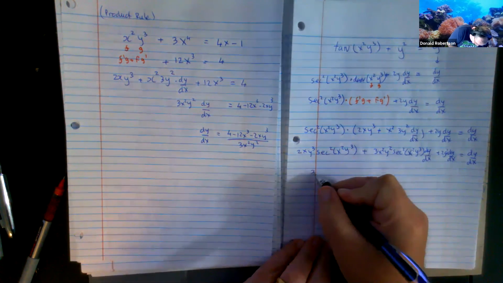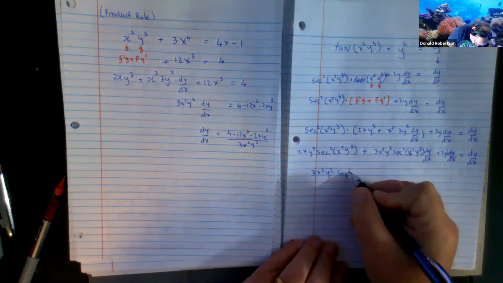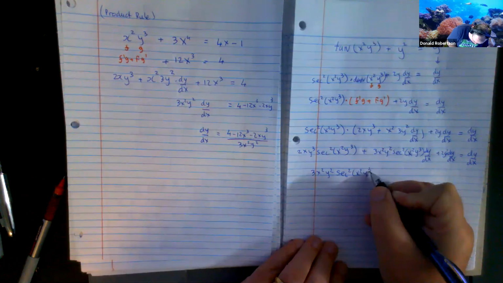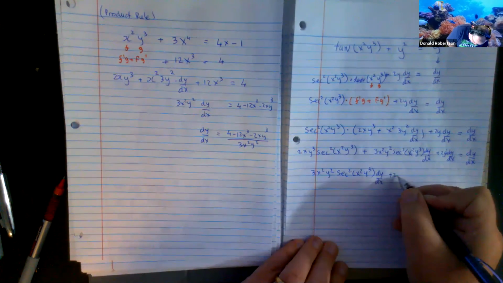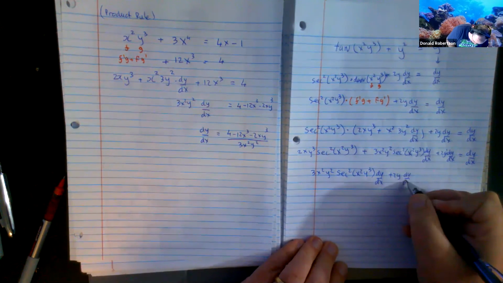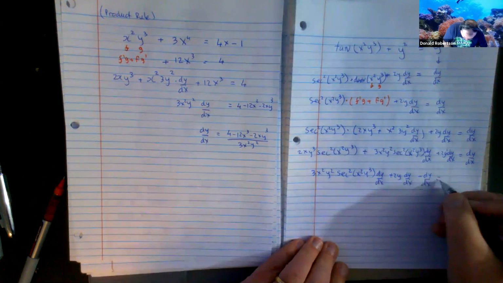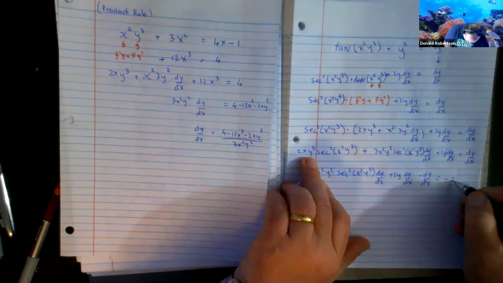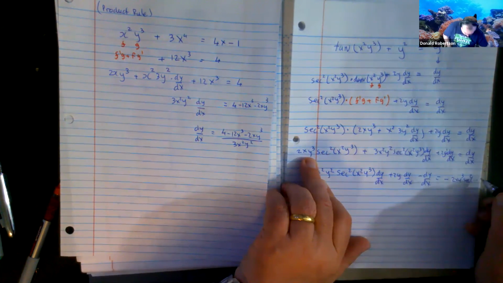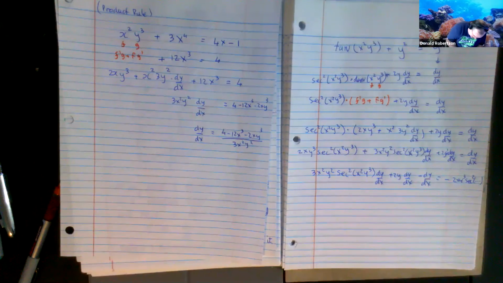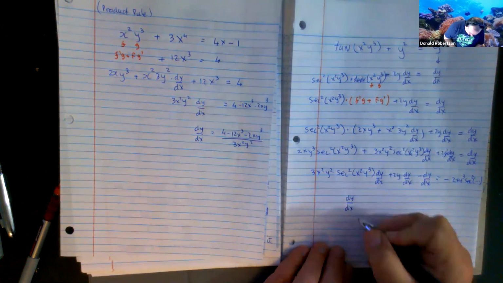So I have 3x squared y squared secant squared x squared y cubed dy by dx. I have a 2y dy by dx, and if I take that away, I'll have a minus dy by dx, and the whole thing is going to be equal to negative 2x y cubed secant squared of stuff I don't have enough room to put in, and then we're going to get dy by dx.